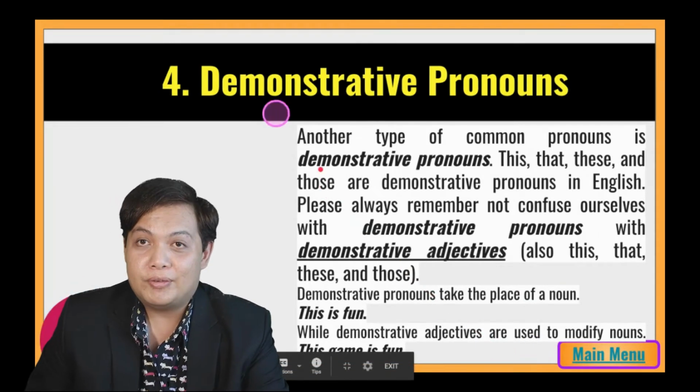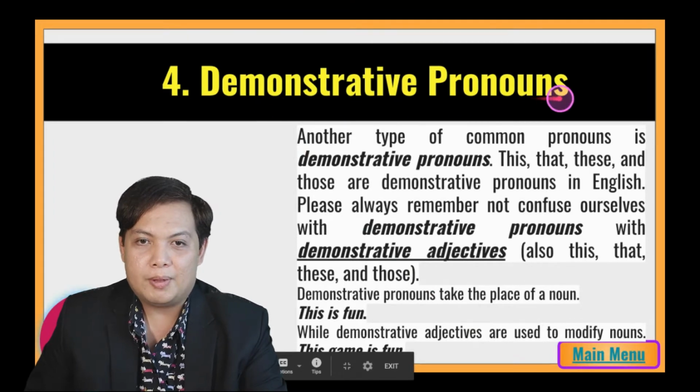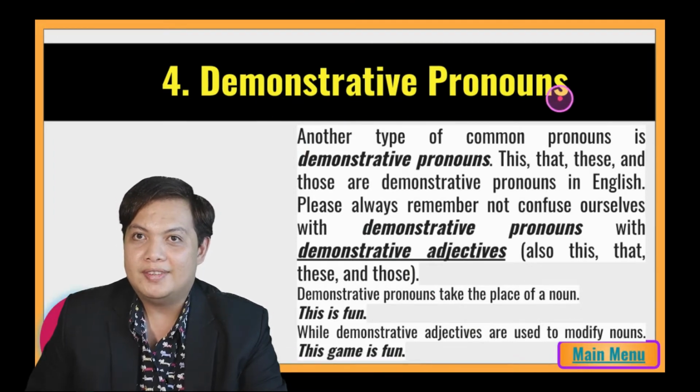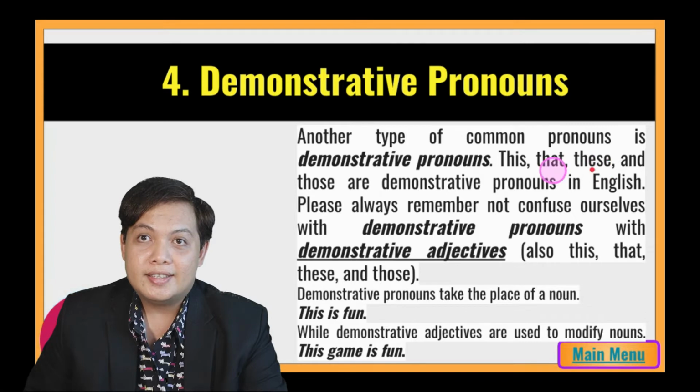Next, number four. Number four talks about demonstrative pronouns. Another type of common pronoun is demonstrative pronouns. This, that, these, and those are demonstrative pronouns in English.